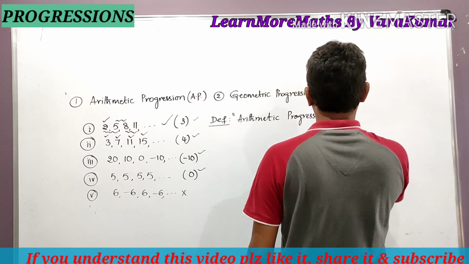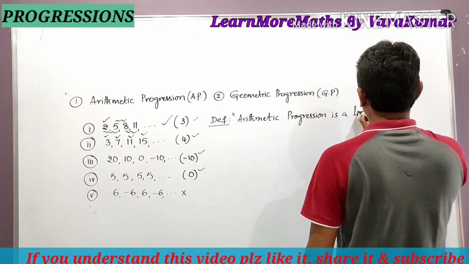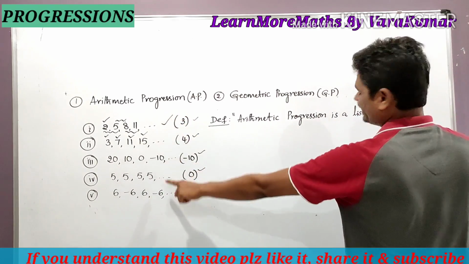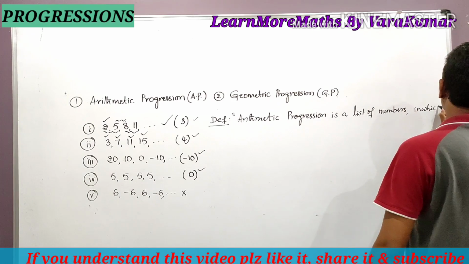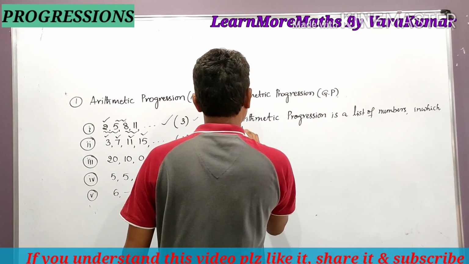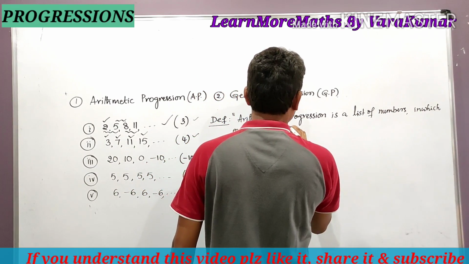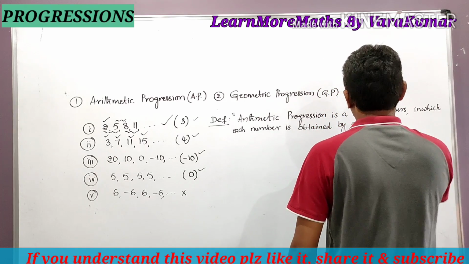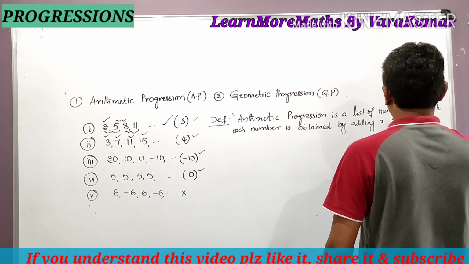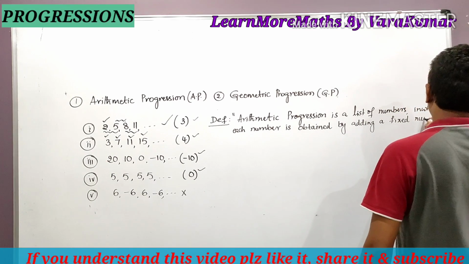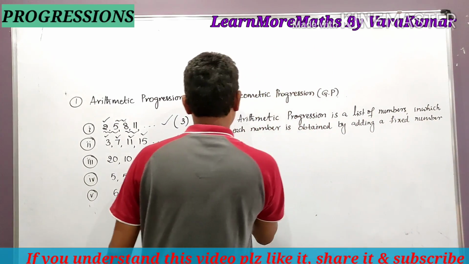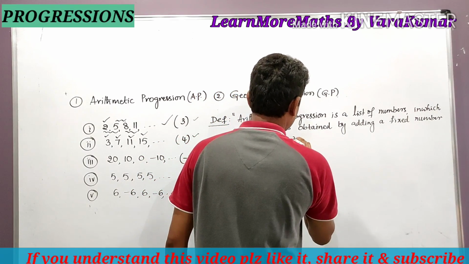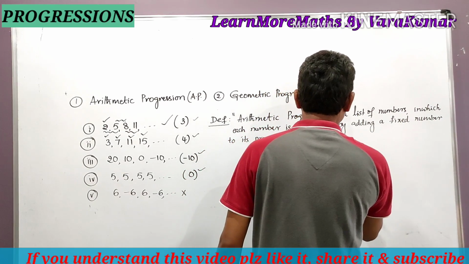Arithmetic progression is a list of numbers in which each number is obtained by adding a fixed number to its preceding number, except the first number.